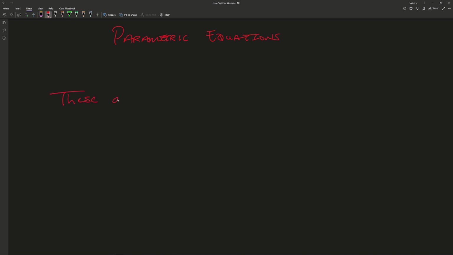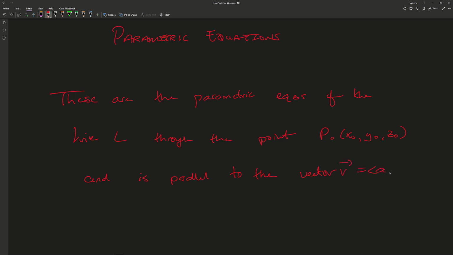These are the parametric equations of the line L, big L, through the point P0, which is (x0, y0, z0), and is parallel to the vector v equal to ⟨a, b, c⟩.